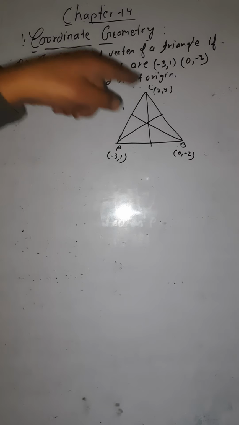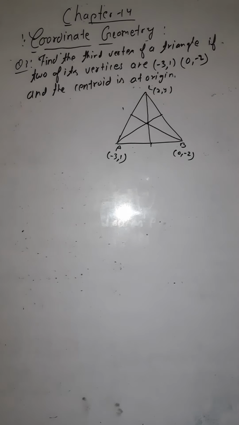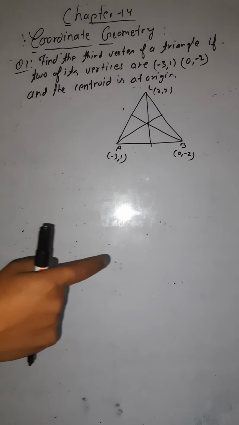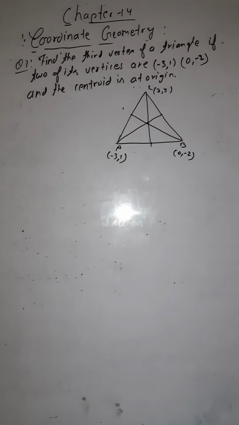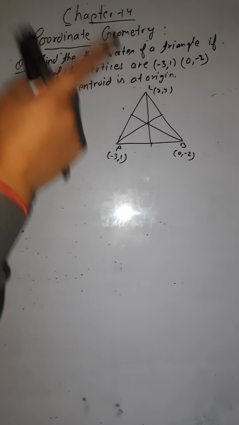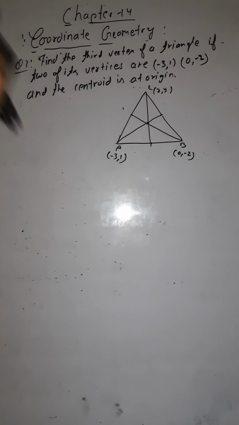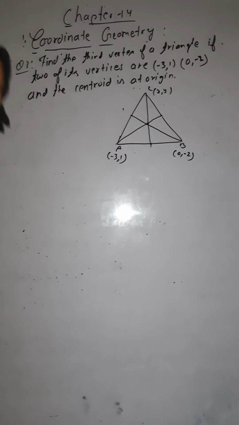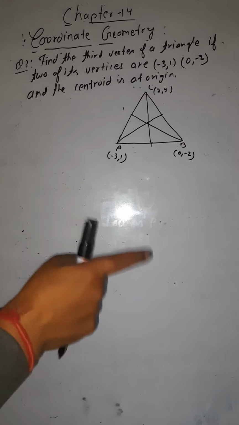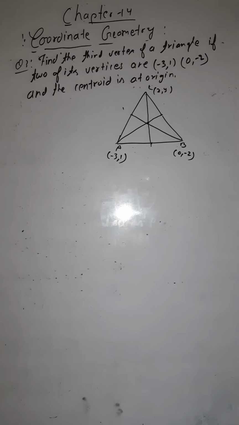Centroid of a triangle. Write it down: the centroid of a triangle is a point where the three medians of a triangle intersect each other.